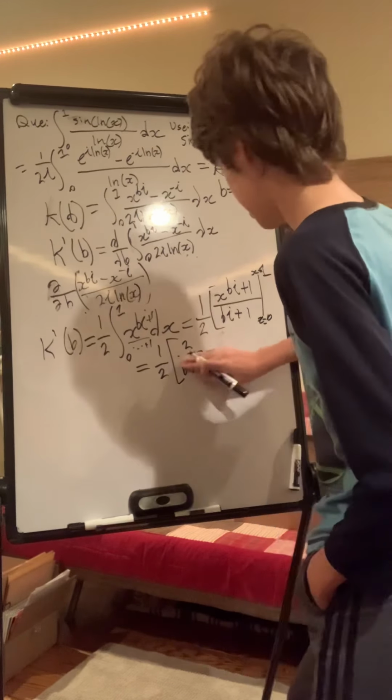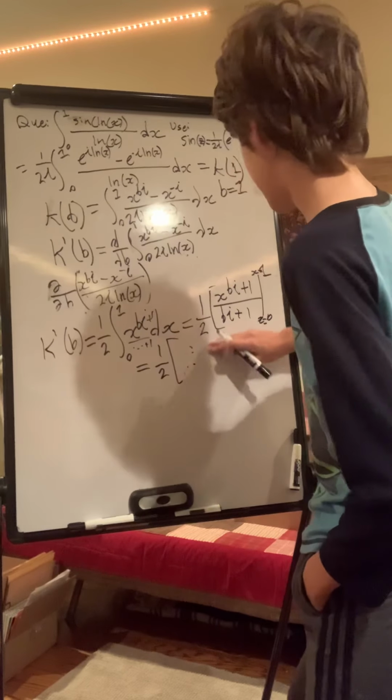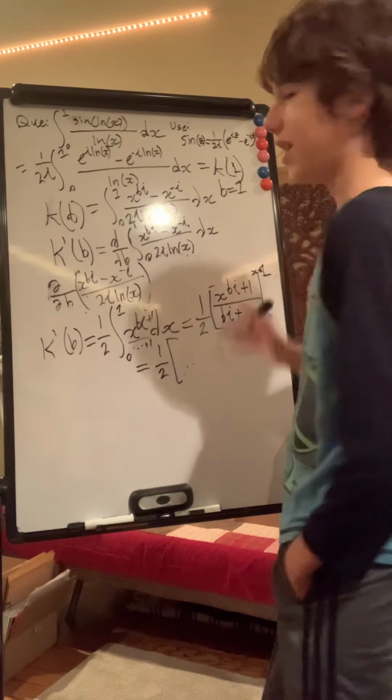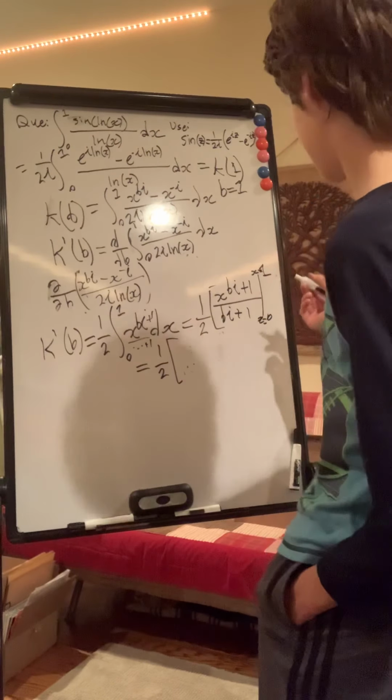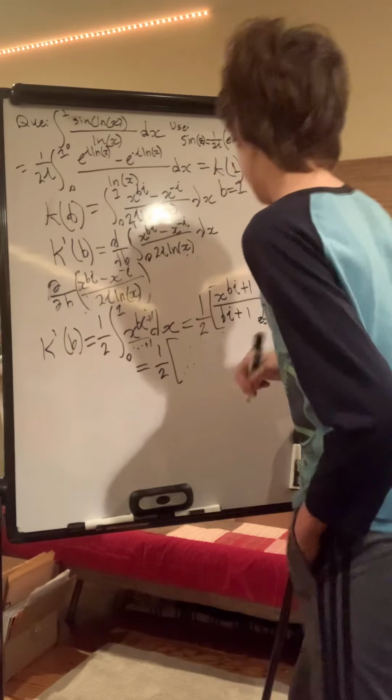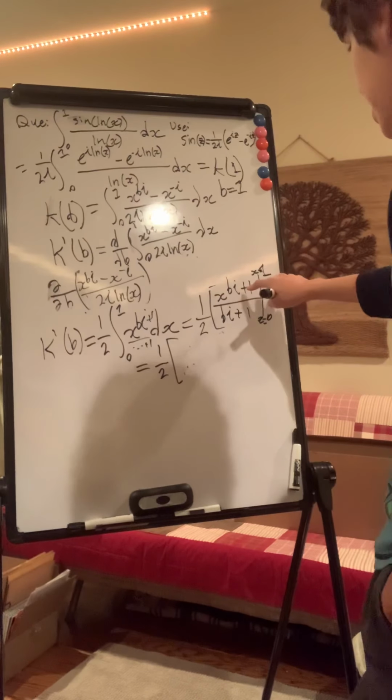Oh wait, sorry. I think I mistook this as the x being not in the exponent here. That's the cost of sometimes having bad handwriting. So yeah, let's redo that.